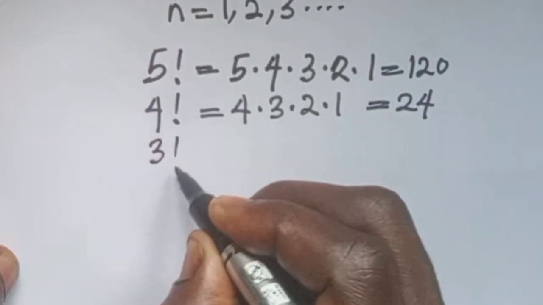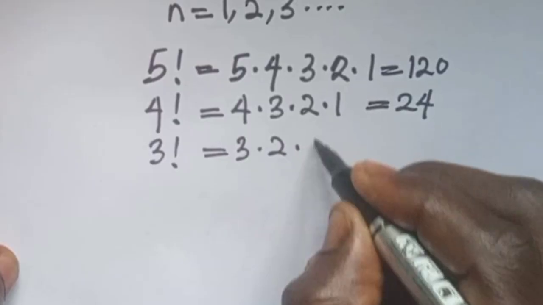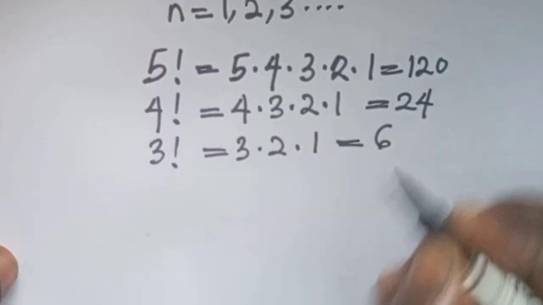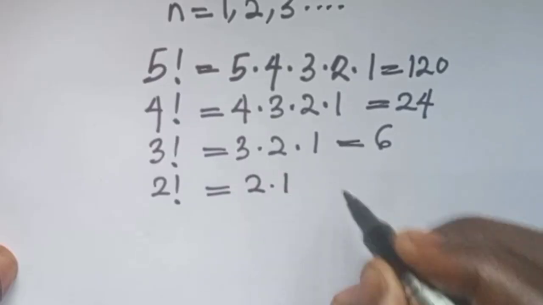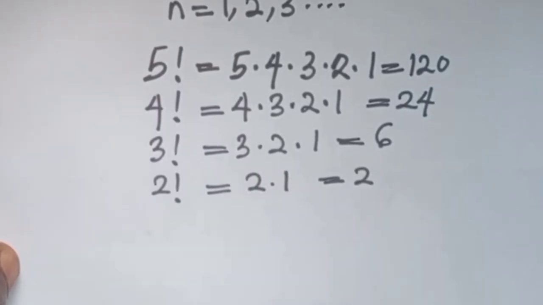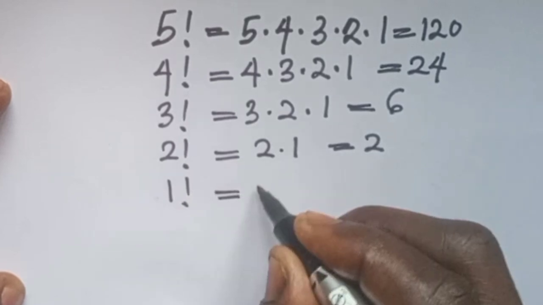Also, 3 factorial is 3 times 2 times 1, and this is 6. And 2 factorial is equal to 2 times 1, and eventually this is 2. And 1 factorial is equal to 1.